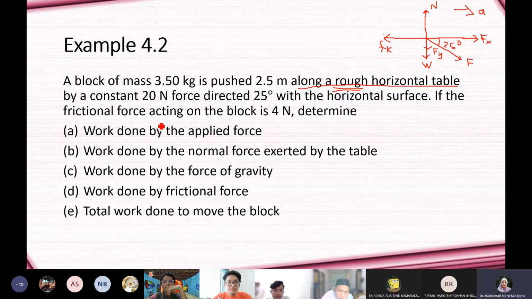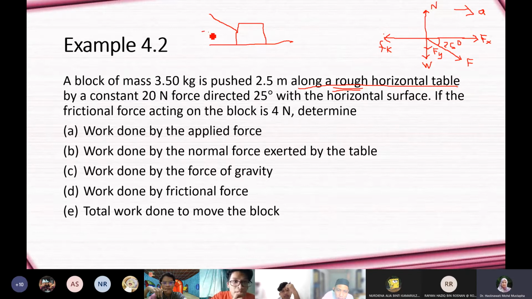Doktor. Ya? Kenapa 25 tu kat bawah? Tak boleh kalau 25 tu kat atas? Oh, okay. Sebab dia macam ni kan. Dia macam kita ada blok, contohnya. Kan? Kita ada blok. Lepas tu kita tolak 25 darjah daripada horizontal. Contohnya macam ni. Ni adalah horizontal. So, kita tolak daripada sini.